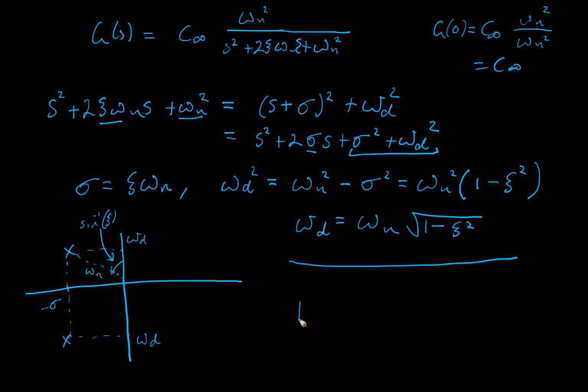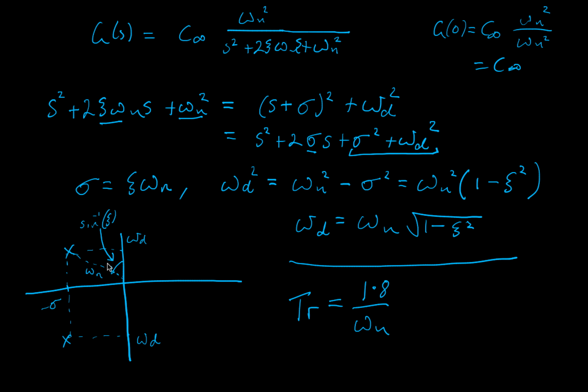So actually, TR, the rise time, is approximately equal to 1.8 over omega n. So this absolute value here tells us about the rise time.